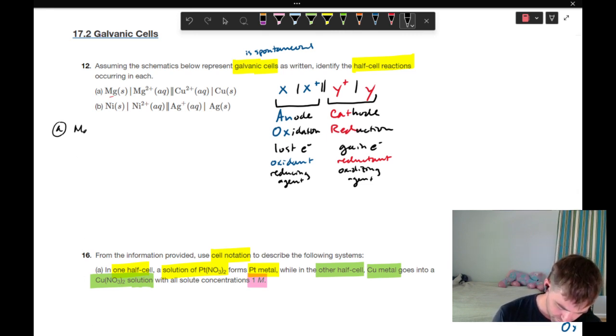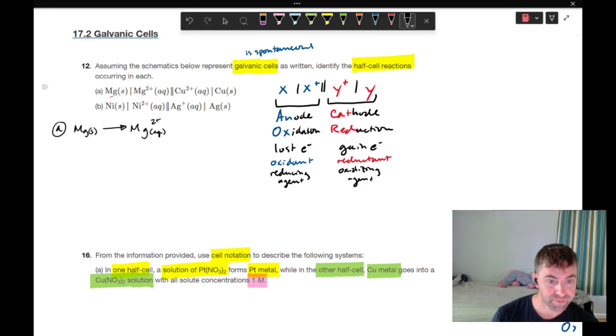We have magnesium solid. 1 bar in between it just means that that's making up part of a half reaction. Aqueous, that has a 2 positive charge on it. And to balance out those charges, we would simply add electrons to the product side of this.